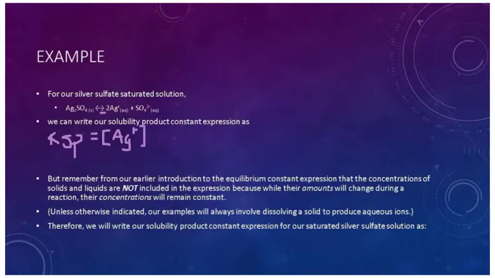And because there's this 2 up front here, we have to square that. We're multiplying that by the concentration of our sulfate ion. We're dividing that by the concentration of our silver sulfate.